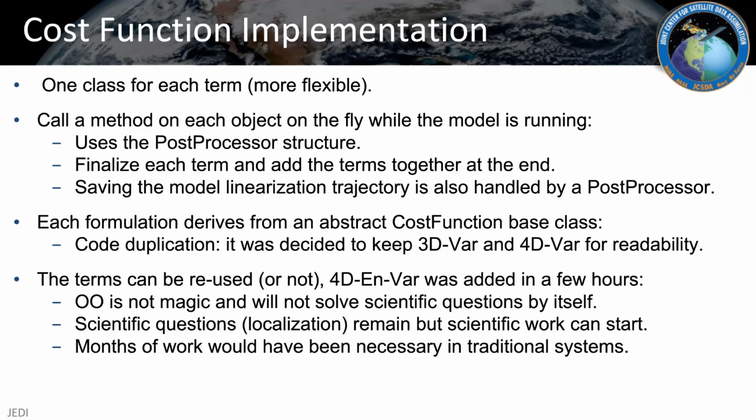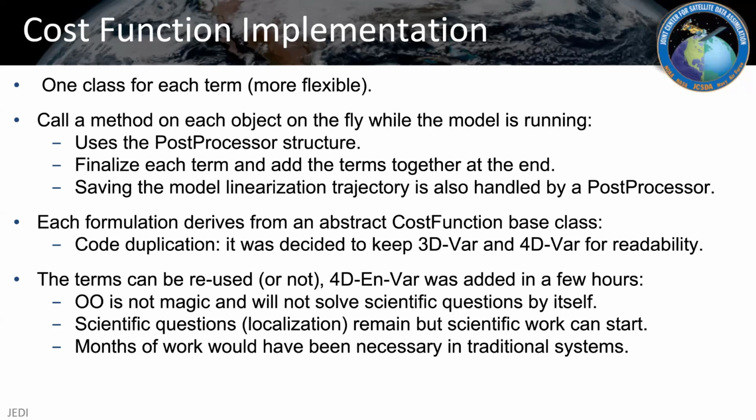The other ones are just special cases, but these classes have been kept so that they're a bit easier to read. For people who want to get into the system, I would advise starting with 3D-Var, which is the easiest one to read, then going to 4D-Var, and then to the other ones that are a bit more complicated to read.